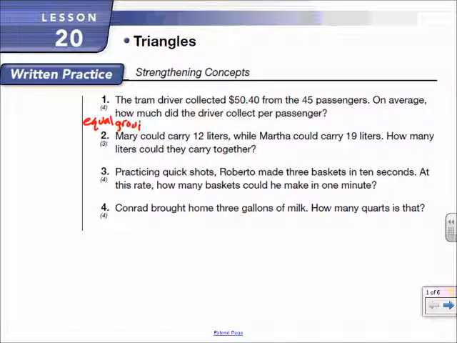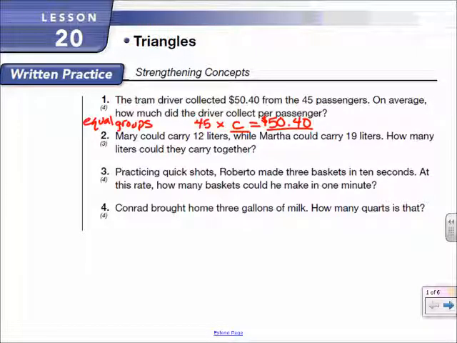And when we have equal groups, that means that we have the number of groups, so 45 passengers, and then the number per group, which is the cost per person, which we're not sure, and then the total, which is $50.40.